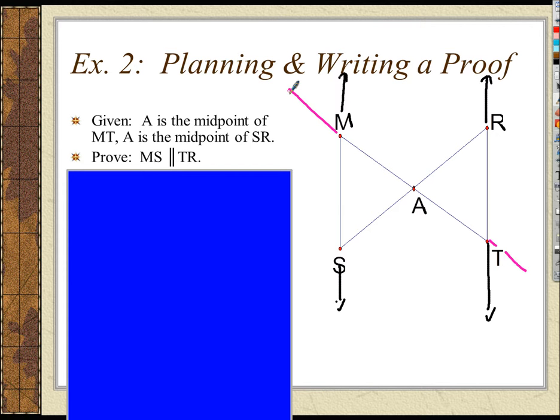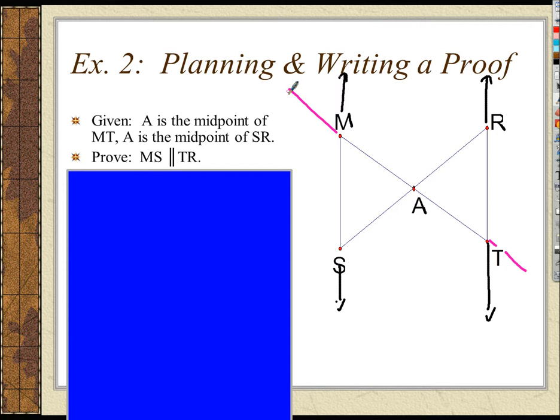In order to show that these lines are parallel, going back to chapter 3, we have a bunch of converse statements. They say things like, if this is congruent to this, then the lines are parallel. Or if these angles are supplementary, then the lines are parallel. What are some examples that might be helpful here?